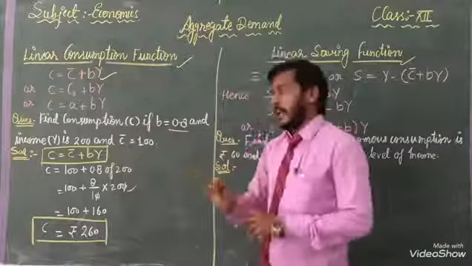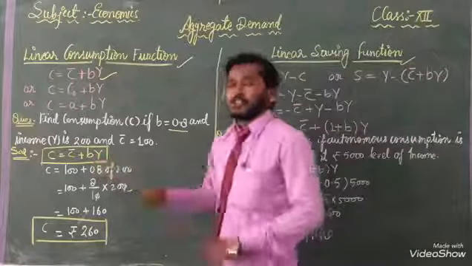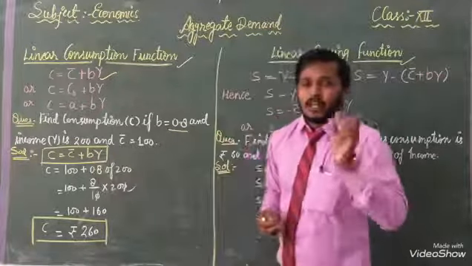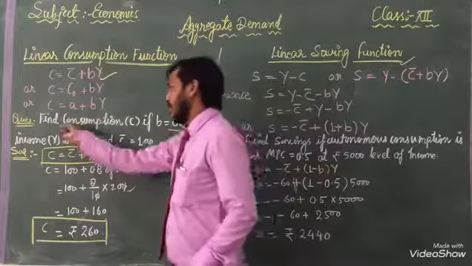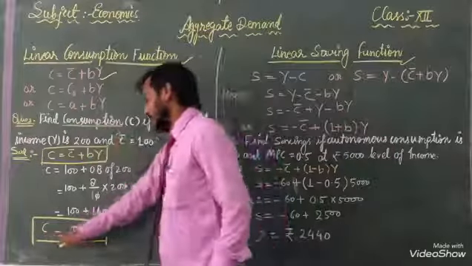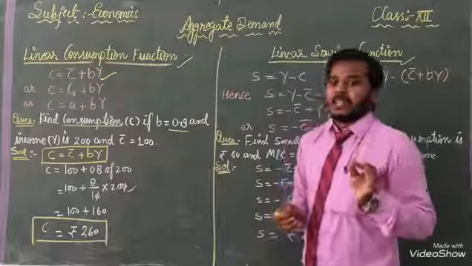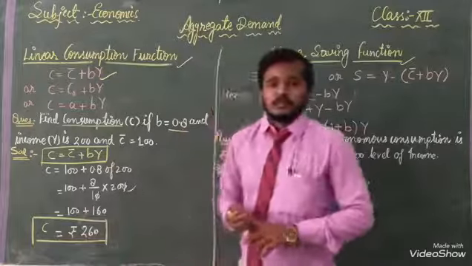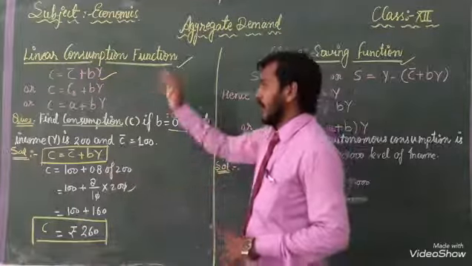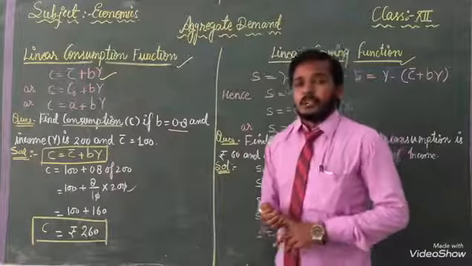We put each and every value from the question into the formula and got the final answer, C equals 260. So now we can say that our consumption is 260 rupees. Now you have to write it down and make a note. It's a very important part of your syllabus.